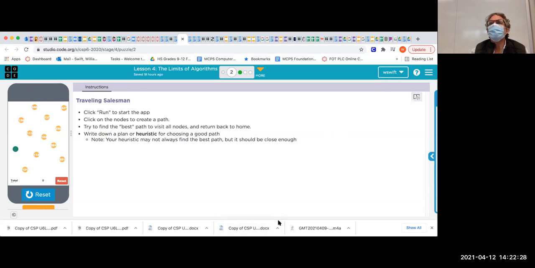Okay, I'm getting some questions here. For our heuristic, do we write our total or the number to navigate the total? We'll talk about this when we come back together. Basically, a heuristic is just a strategy. That's all it is. I'm going to go to the closest dot. I am going to go to every dot on the perimeter and then work my way in a spiral.